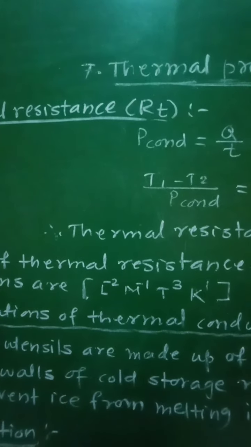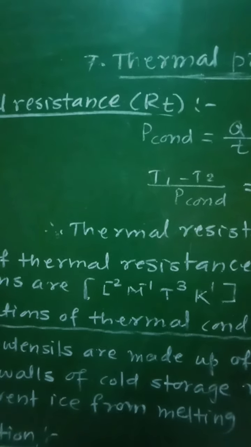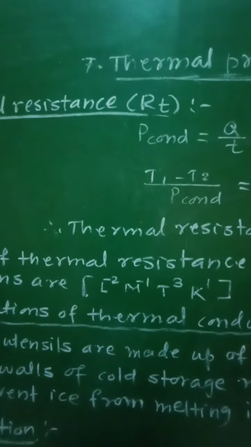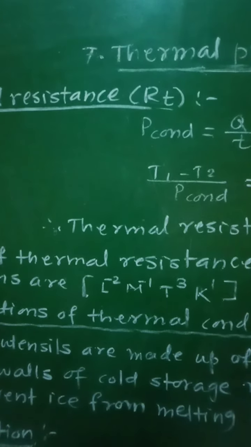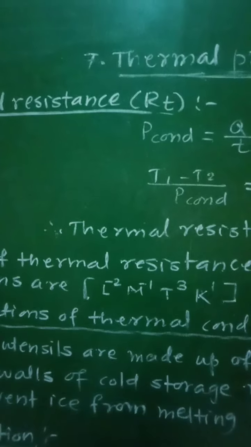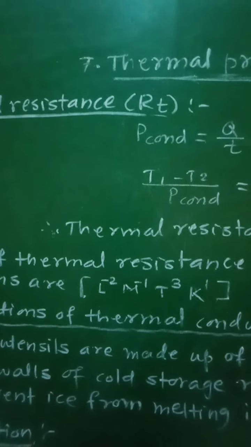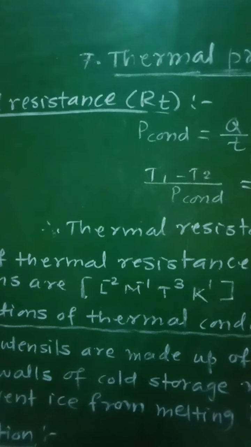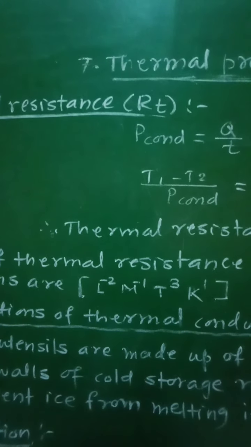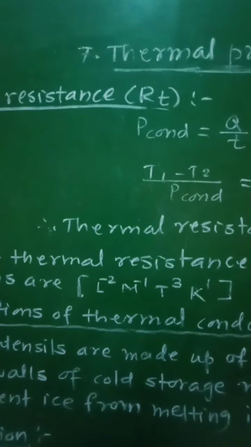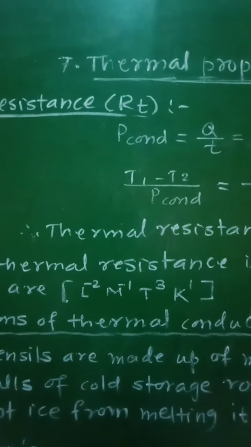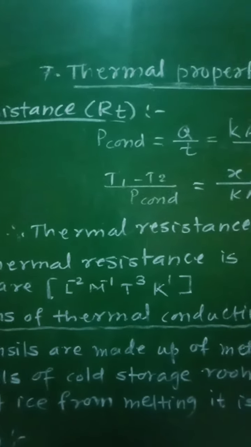So the conduction rate is the amount of heat transferred per unit time through a slab of area A and thickness X when the two sides are kept at temperatures T1 and T2 such that T1 is greater than T2.